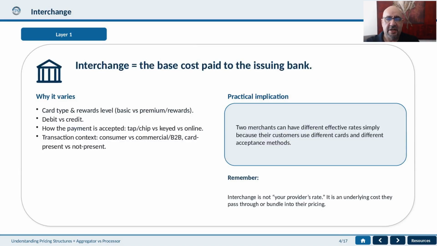Interchange breaks down by card types and reward levels: basic versus premium rewards, debit versus credit, how the payment is accepted, whether it's chipped, keyed, or an online transaction, consumer versus commercial B2B, card present and non-present. These are all factors when you're doing interchange plus.